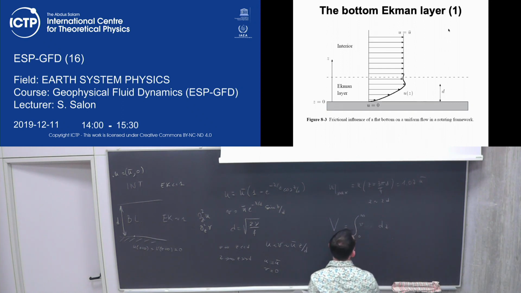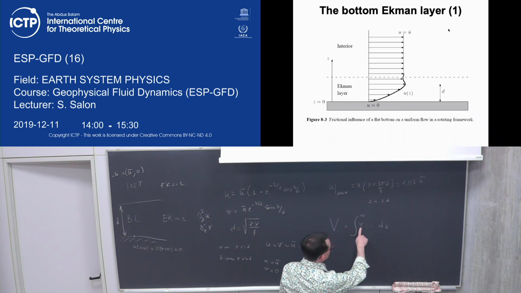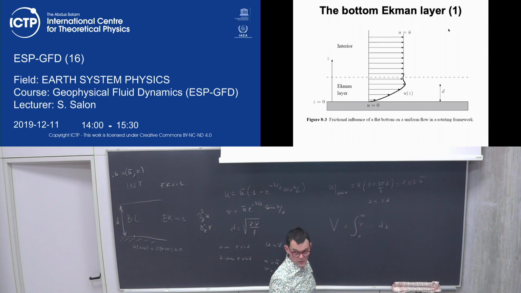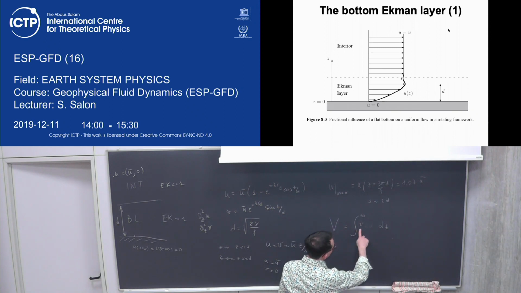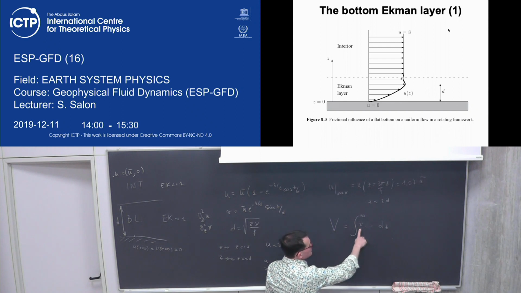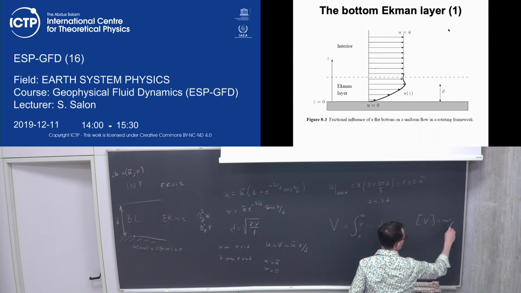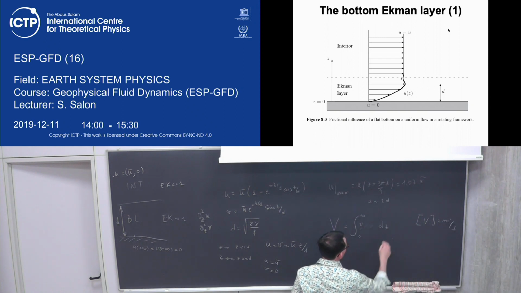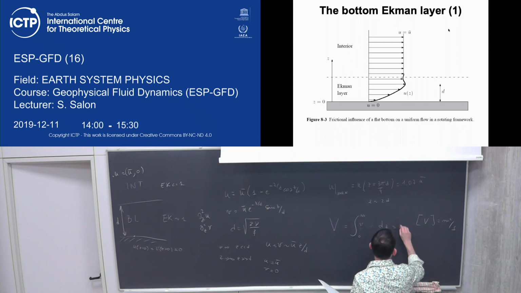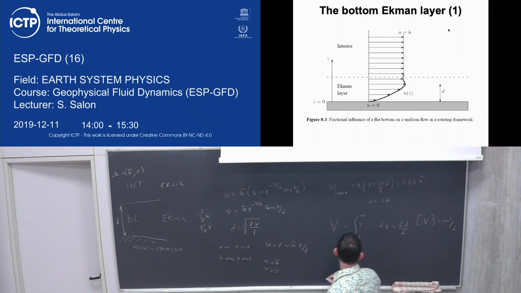Yes, okay. So I just integrate. It's some sort of average velocity. Okay. So dimensionally speaking, capital V is square meters per second. And if we calculate this, it is u bar d over 2. So it's a constant, depends on the Ekman layer, but most important is different from 0.